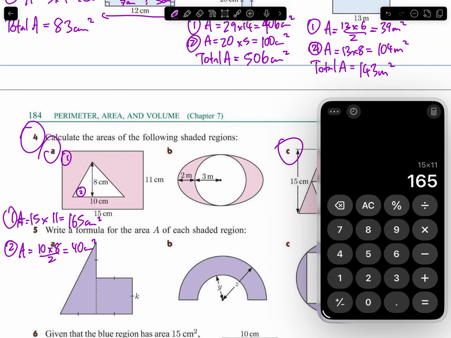So total area is going to be 165 take away 40, 125 square centimeters.